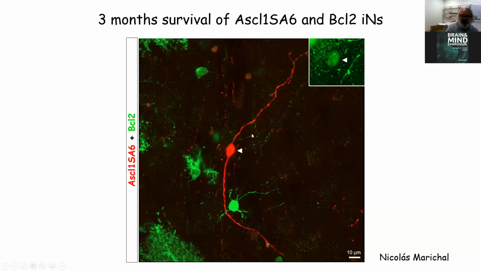And just as another important point here, at least some of these cells seem to make it for a while. So this is an example of a converted cell that could be found 3 months after induction. And yet I want to highlight, despite the fact that this cell actually looks pretty nice, if you would compare this to an endogenous neuron, these cells are clearly not of the same degree of complexity and often not even having cell somata of the same size as endogenous neurons.